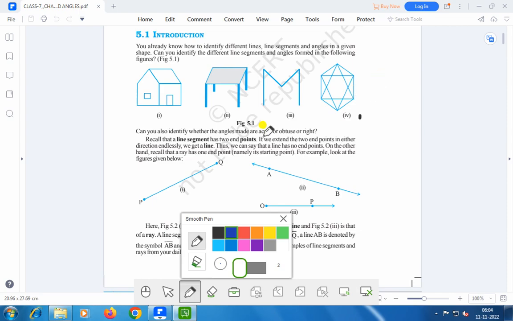Line segment is what? Recall that a line segment has two endpoints. Here, suppose this is a line segment. It has two endpoints, that is A and B, right?